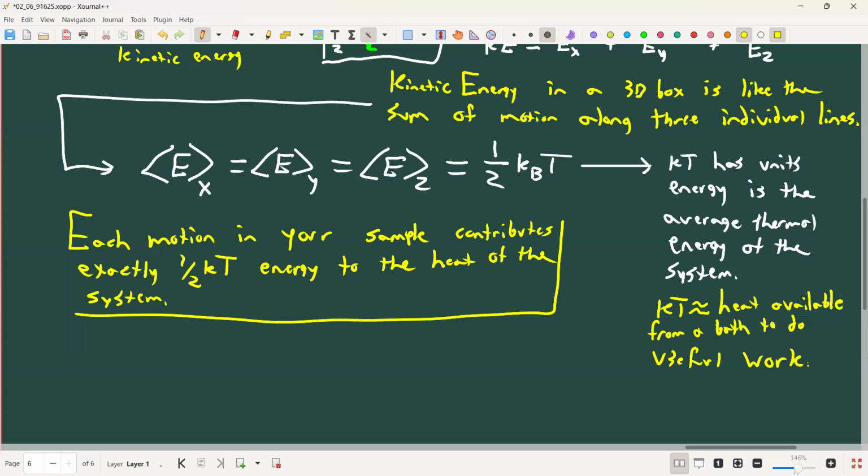But if the barrier height for your reaction is very, very large compared to kT, the reaction is going to be very slow. So that's a little bit ahead of kinetics here. We have this energy balance. Heat provides a fixed amount of energy, and that's all we have to use, unless we provide additional energy from something else.